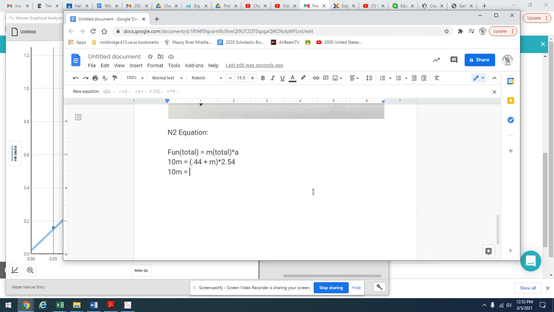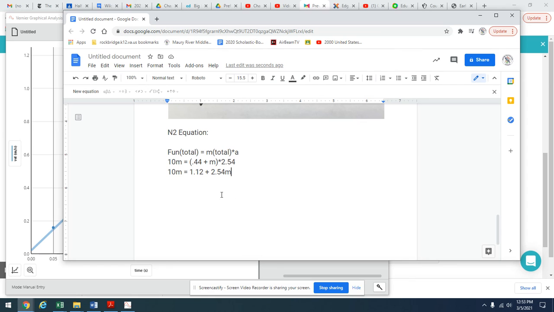So grab my calculator. 2.54 times 0.44. That gives me here 1 point. I'm going to round it to 1.12 plus 2.54 m, right? It's distributing that.